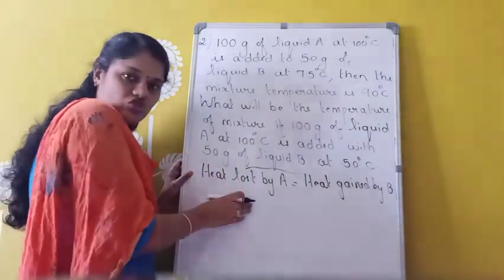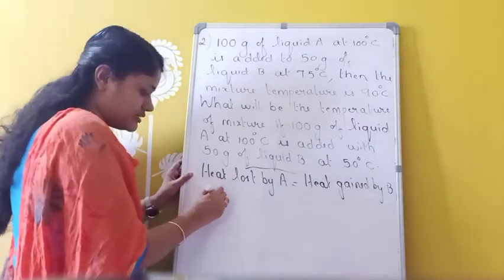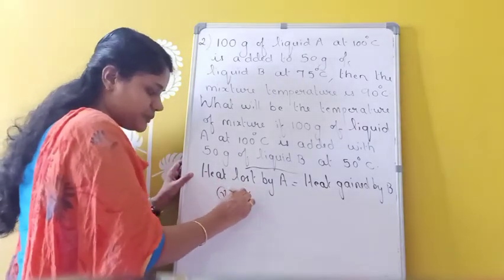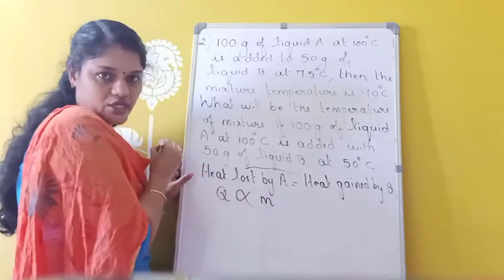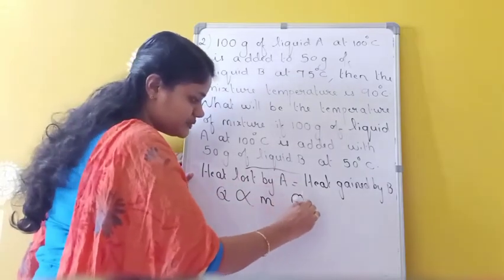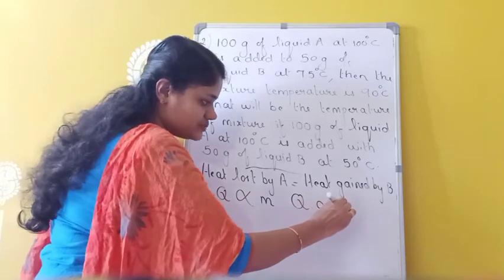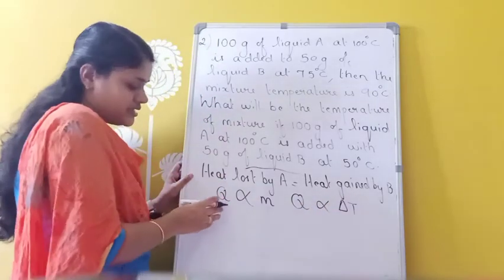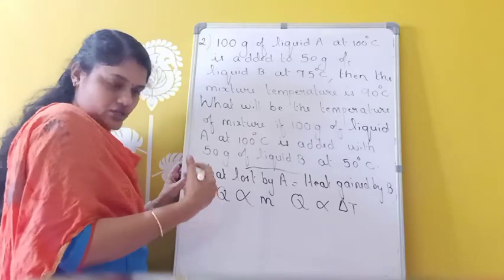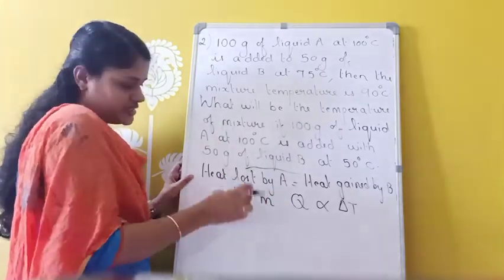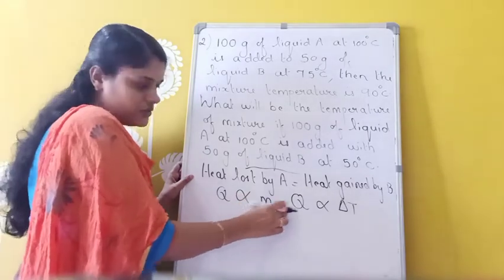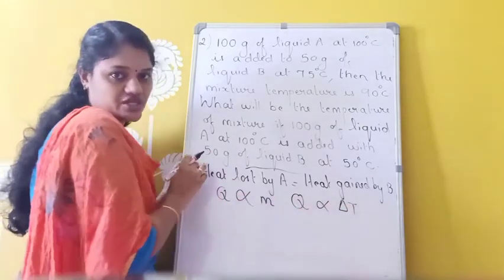This heat lost or heat gained by a body, taken as Q, is proportional to mainly two factors. First one is the mass of the liquid, and the heat energy is also proportional to which one? Change in temperature of the liquid. So the quantity of heat gained or lost by a liquid is proportional to the mass of the liquid and the change in temperature of the liquid.